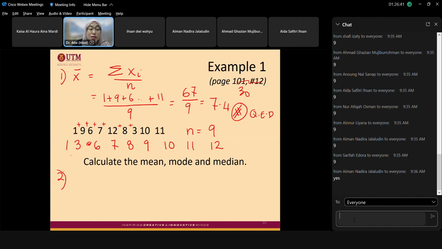So this is the new order of the data set. So we have 1, 3, 6, 7, 8, 9, 10, 11, and 12.